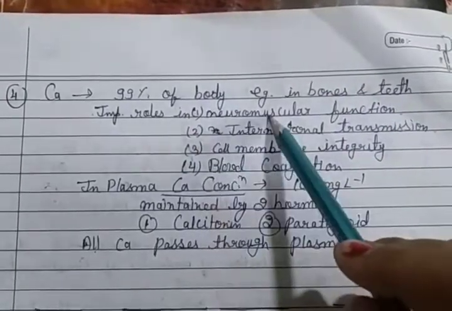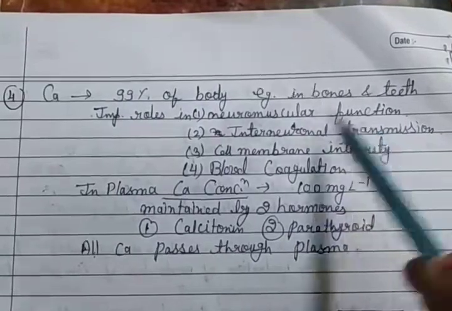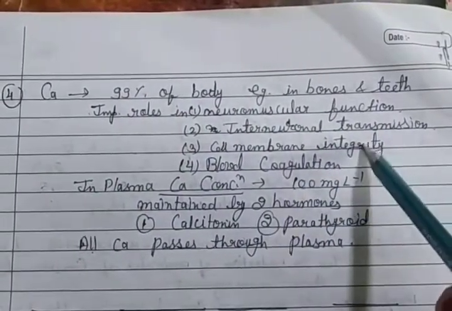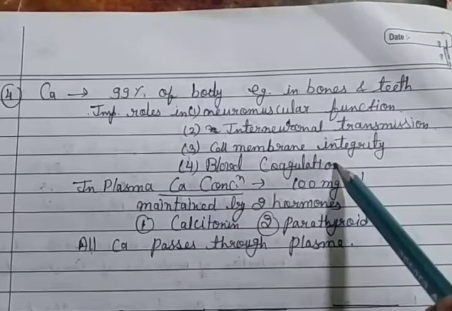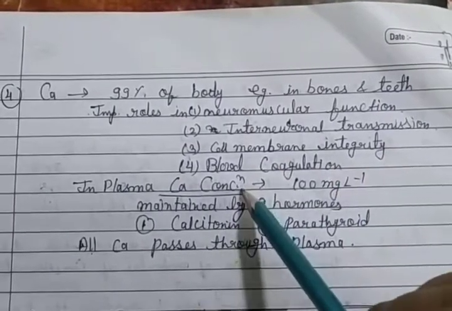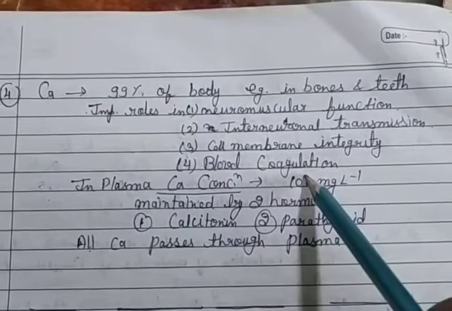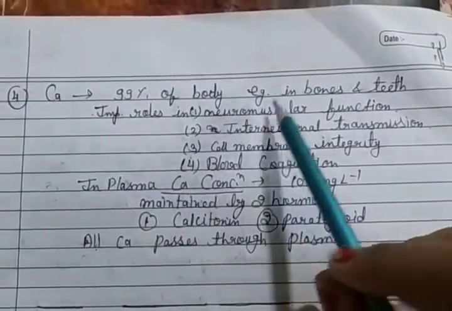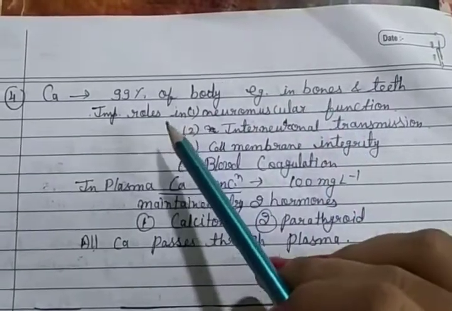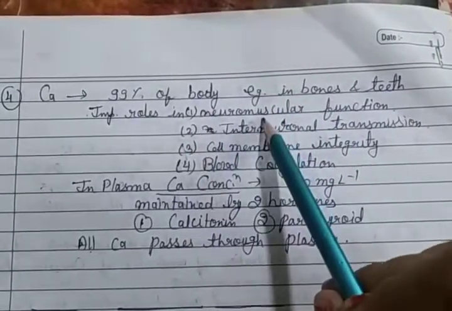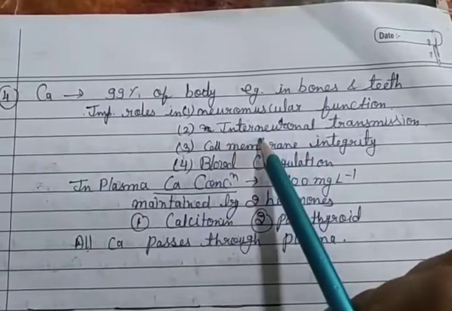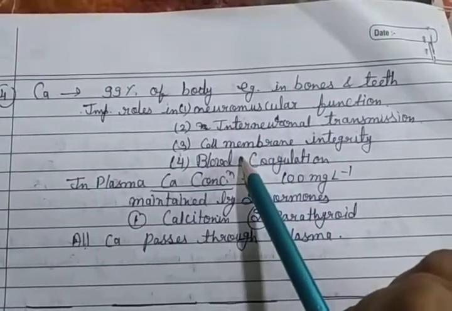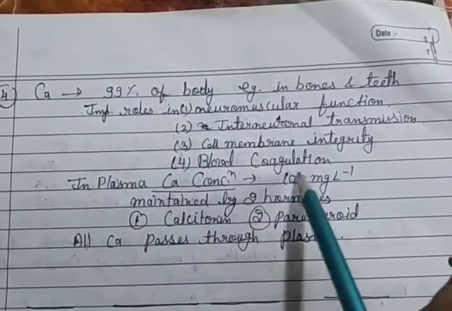First is neuromuscular function, second is interneuronal transmission, third is cell membrane integrity, and fourth is blood coagulation.